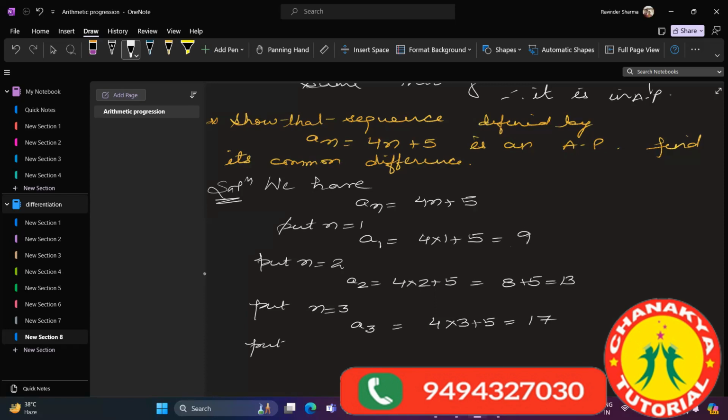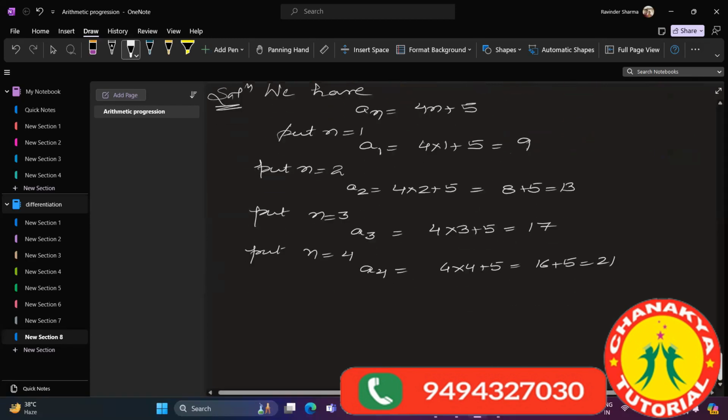Now one more term we can find, n is equal to 4. Then fourth term will be 4 into 4 plus 5. So 16 plus 5, it will be 21. Now how we can check? You can find the common difference, because one important property of AP is that the difference between two consecutive numbers remains the same. So first of all, you will find A2 minus A1.